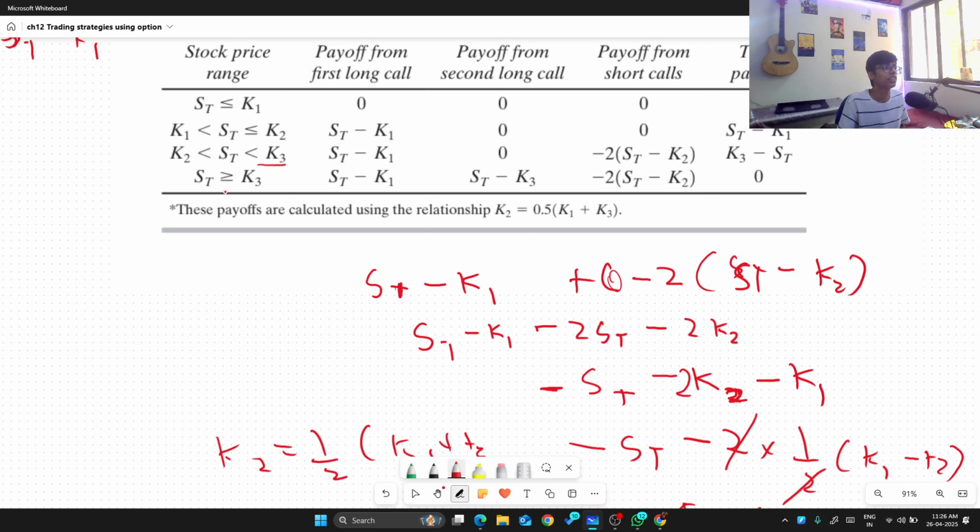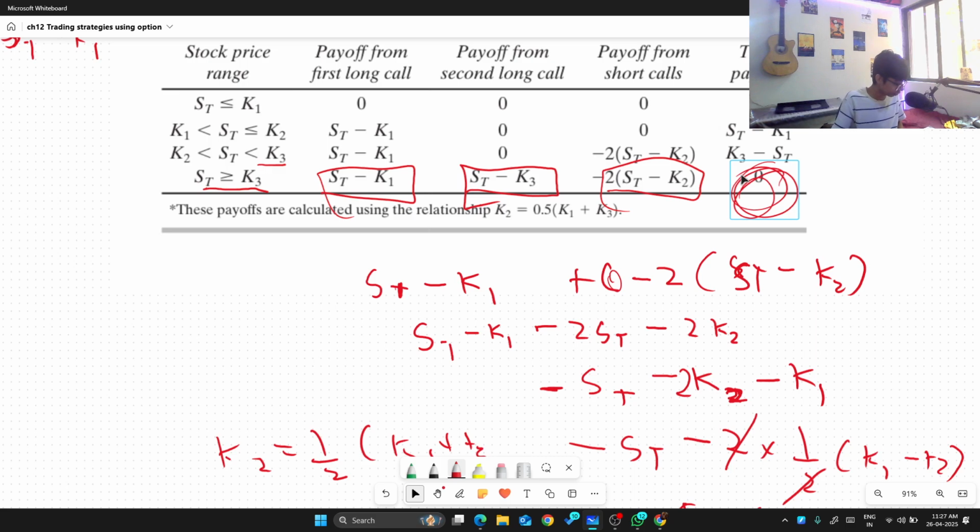So like that, if it is bigger than K3, then the first payoff would be long call, the second payoff of the second call would also be there, and this is the final payoff, and the final payoff would be 0. You can do it by yourself, it is simple.